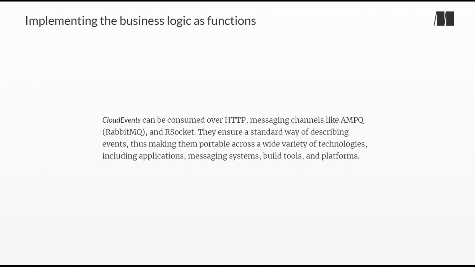Cloud events can be consumed over HTTP and messaging channels like AMQP, RabbitMQ, and RSocket. They ensure a standard way of describing events, thus making them portable across a wide variety of technologies, including applications, messaging systems, build tools, and platforms.